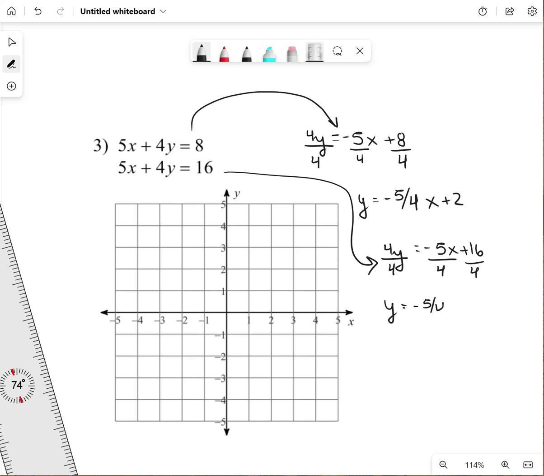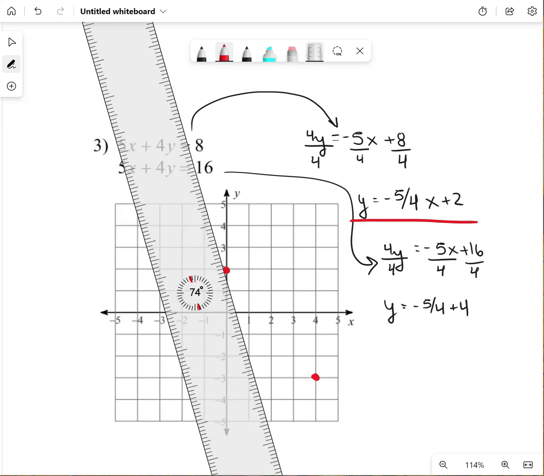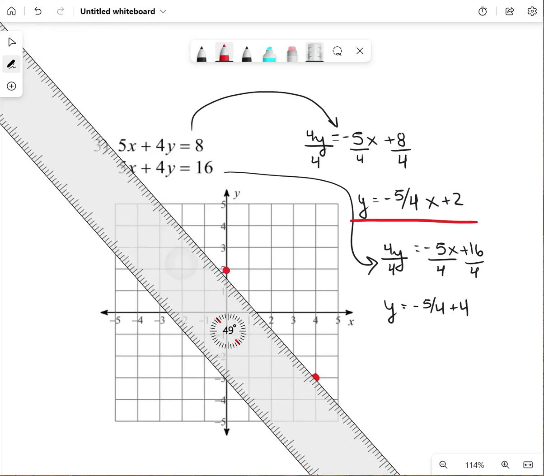This particular set of graphs has something unique about it. So let's focus on the first one, graphing -5/4 x plus 2, and down 5 over 4. And let's combine with our ruler here, knock out those 2 points best we can.